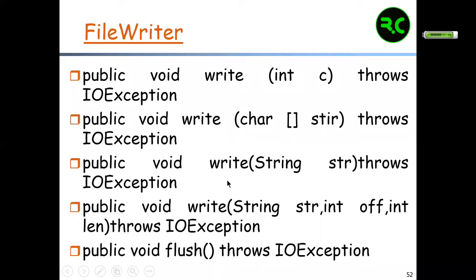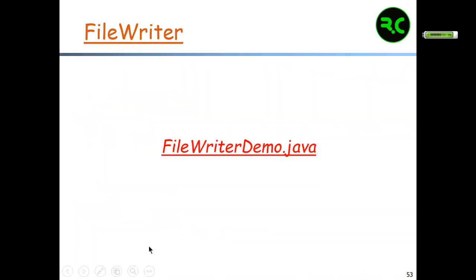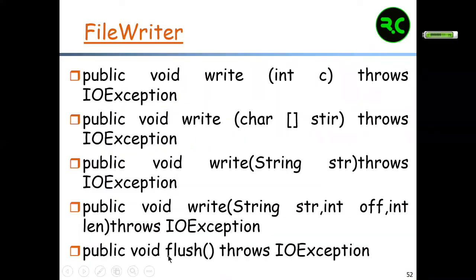The third type of method takes a string parameter, and the fourth type takes a string parameter along with the offset as well as the length, that is from where and till which position you want to write. And the last, the main important thing, is flush. It flushes the data onto the stream, directly to the file.